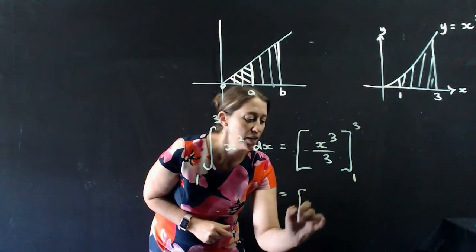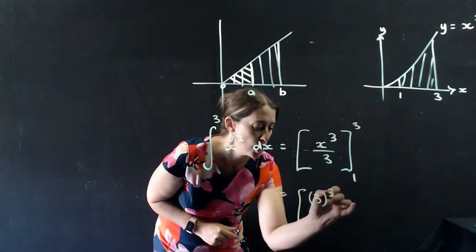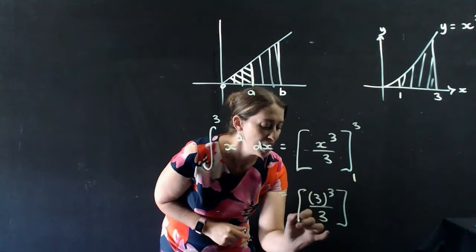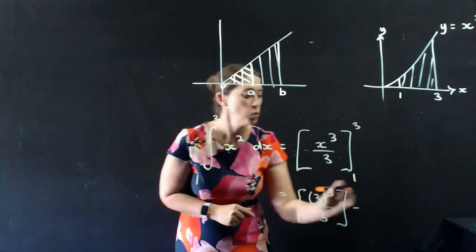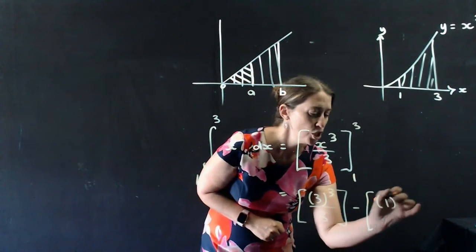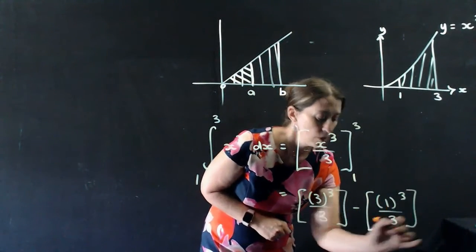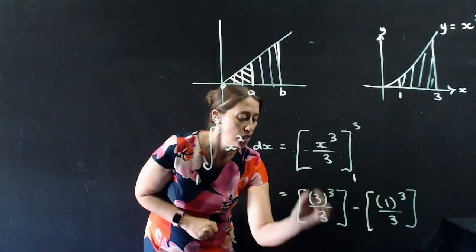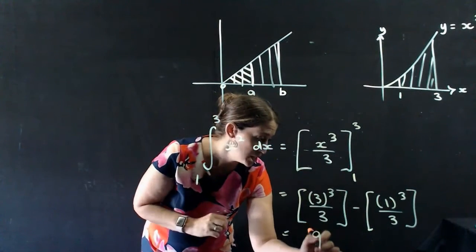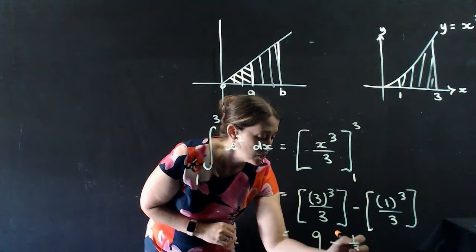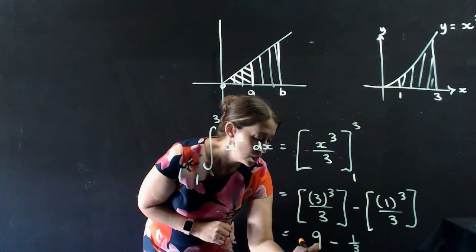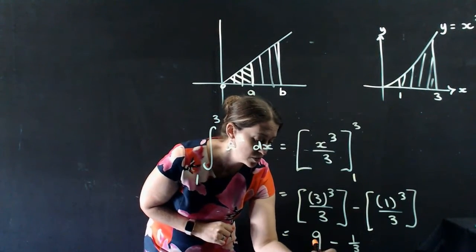So let's do that. I get 3 cubed over 3. And then we take away, sub the terminal 1 in, and we get 1 cubed over 3, which leaves me with 27 over 3, which is 9. Take away 1/3, so that leaves me with 8 2/3.